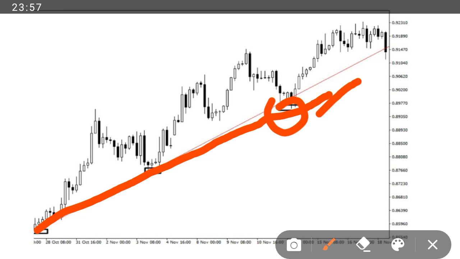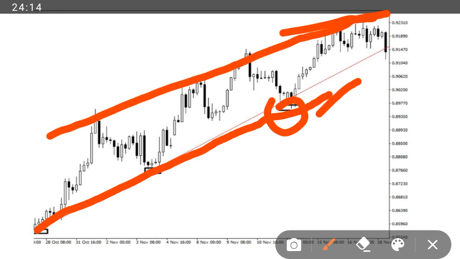And as you can see, after price moved from here, it got here. So you would have made some profit there. So this is an uptrend. And you can also draw the line from here too. It will help you to know when to exit the market.